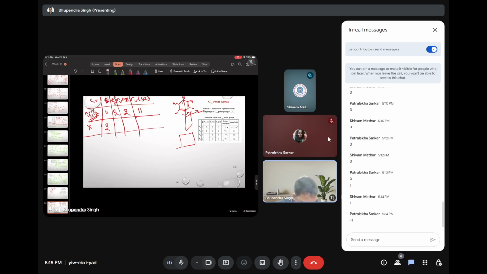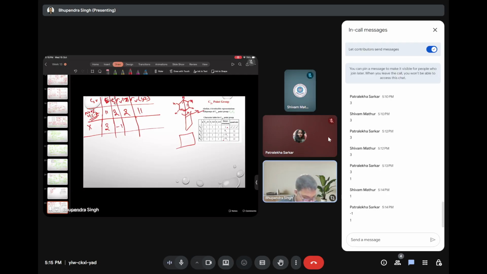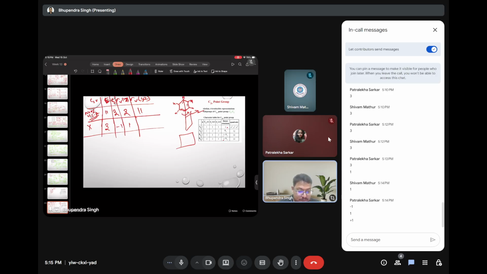For C2 it should be minus 1. For sigma v, xz, it should be plus 1. Sigma v, yz should be plus 1.